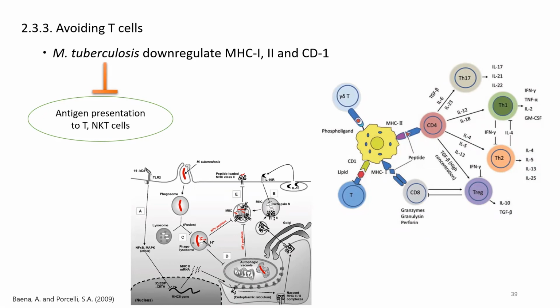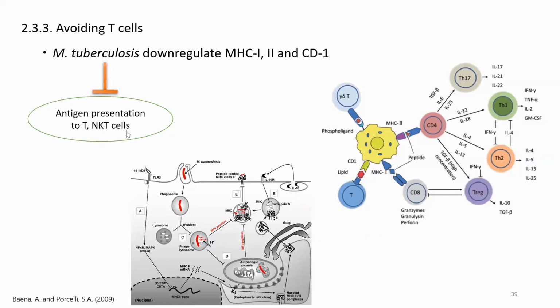Mycobacterium tuberculosis is an intracellular bacterium that is deeply studied by researchers, so we know quite a lot about it. Therefore, we can use Mycobacterium tuberculosis as a model to explain the mechanism by which intracellular bacteria avoid killing by T cells.